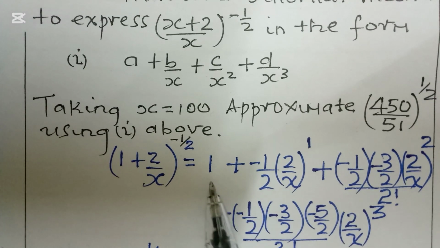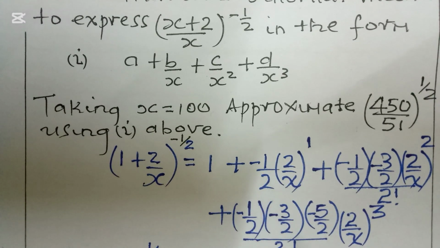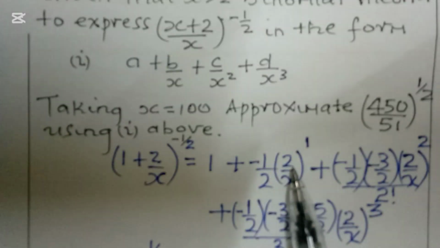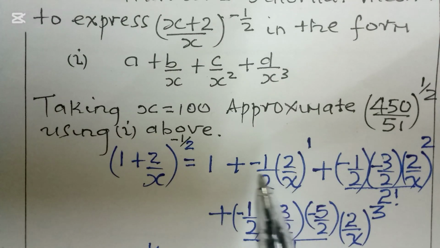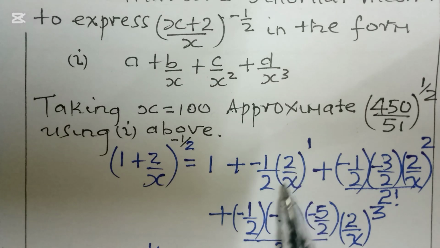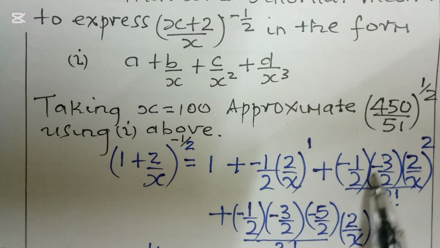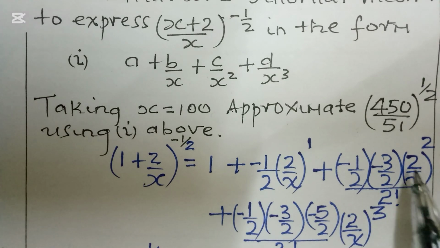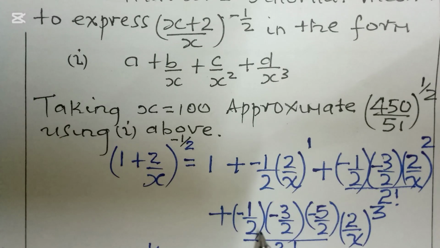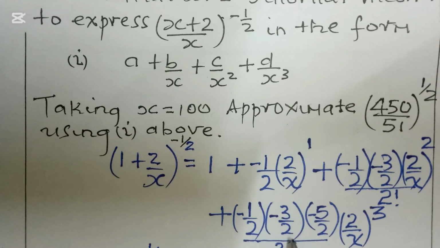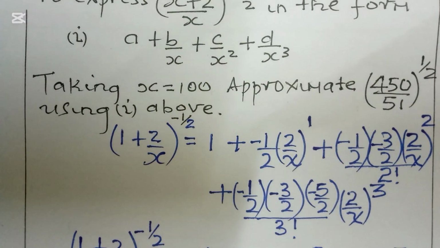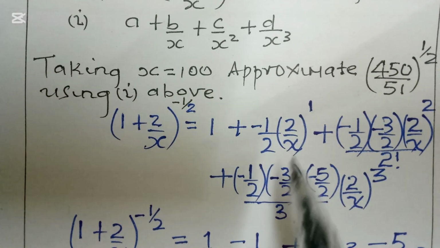So, guys, where you have 1 plus n raised to n, that is negative a half, which is n, 2 all over x raised to 1, plus n and n minus 1, then you write again 2 all over x raised to 2 all over 2 squared. Then here you have n minus 1, n minus 2 all over 3 factorial, 2 all over x raised to 3. So after that, guys, we now come and evaluate.